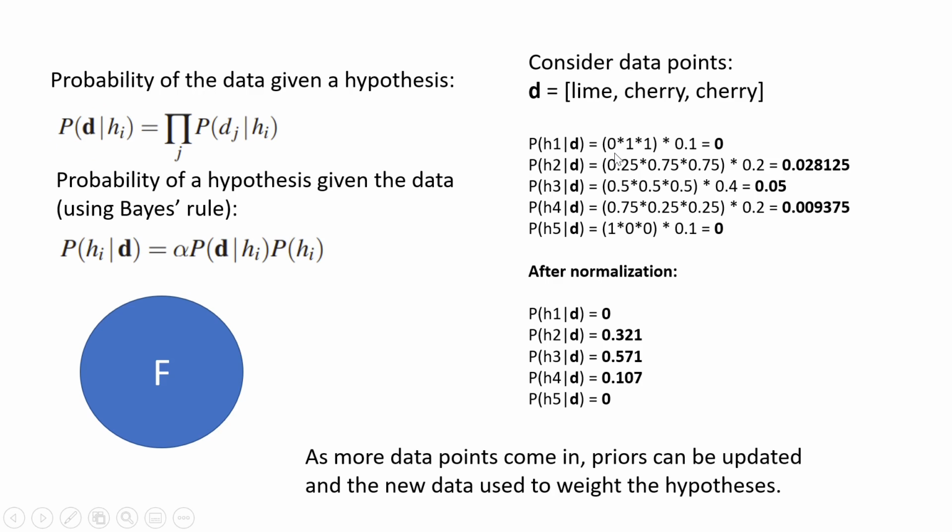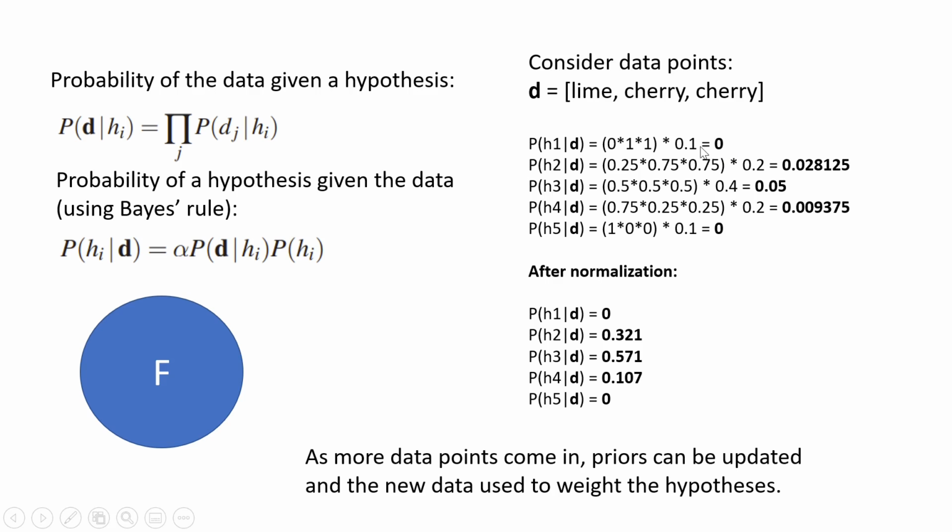So the probability of drawing a lime candy from a bag that has all cherry candies is 0. Then the probability of drawing cherry candy from that bag is 1. And 1 again for the second cherry. Then 0 is multiplied by the prior belief that it was all cherry, which was 0.1, so that gives 0.